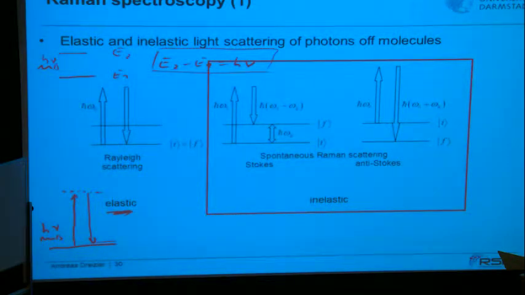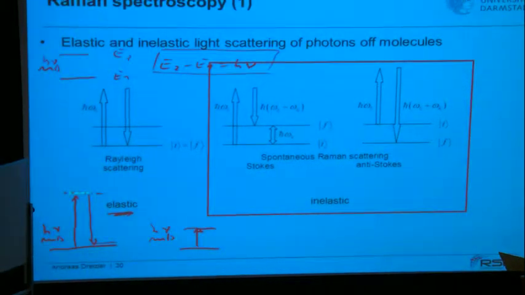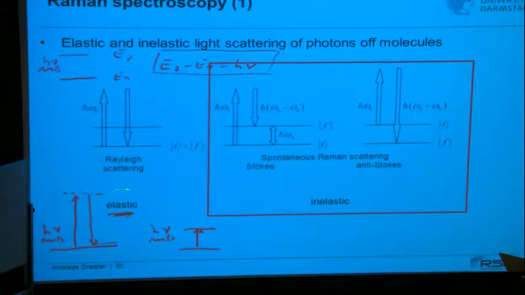If you distinguish that from a resonant process, then your exciting laser is tuned such that you hit a resonance, meaning that you bring it from one state which is allowed to another state which is allowed. And here in the scattering process, you bring it up to an energetic level which is virtually not existent, meaning that the system cannot stay in that energetic level.